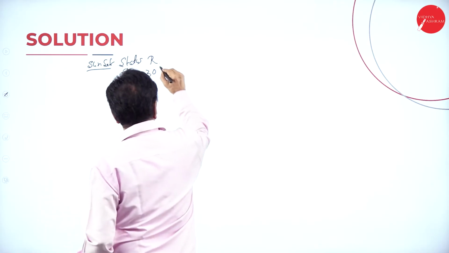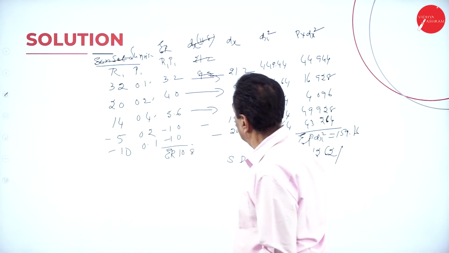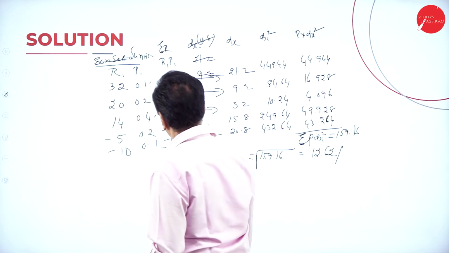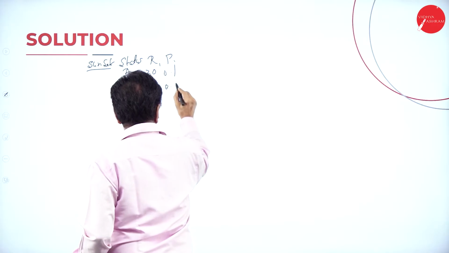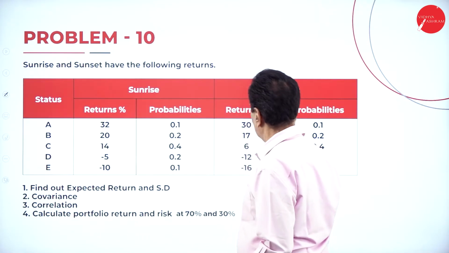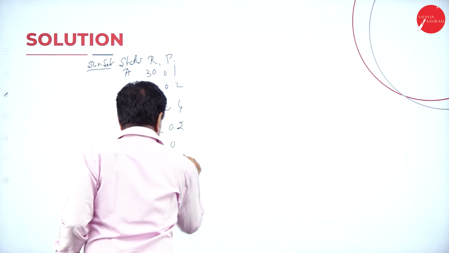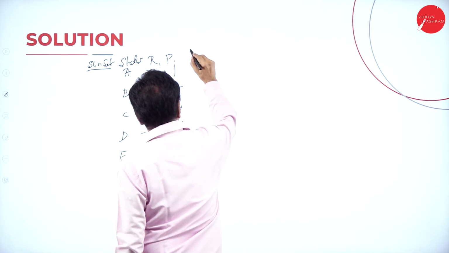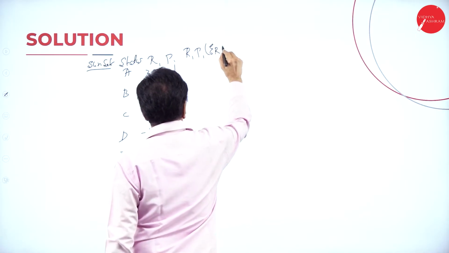This is R1. Then probability: 0.1, 0.2, 0.4, 0.2, 0.1. This is your probability. Then R1 P1 is your expected return.